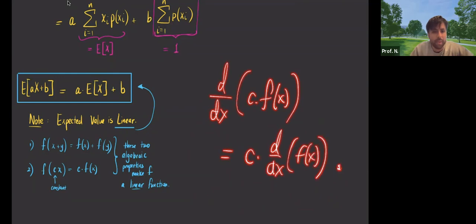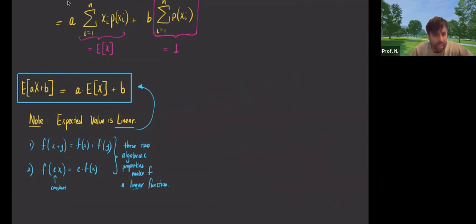Isn't this the scalar multiple rule? So the conclusion is that the operator of differentiation is linear as well. We're not talking about lines particularly, but about these properties holding. This idea of linearity is applied to a plethora of different subjects and areas in mathematics.